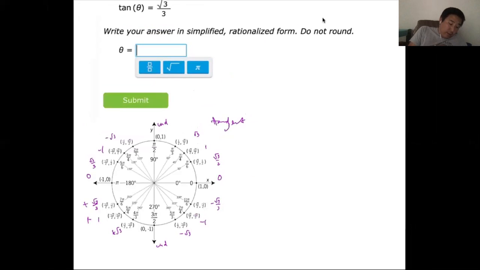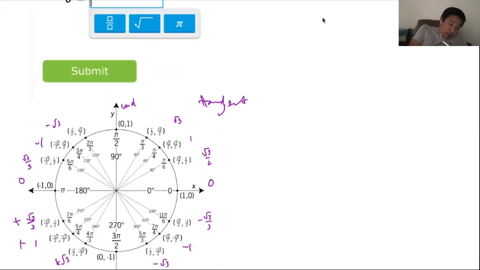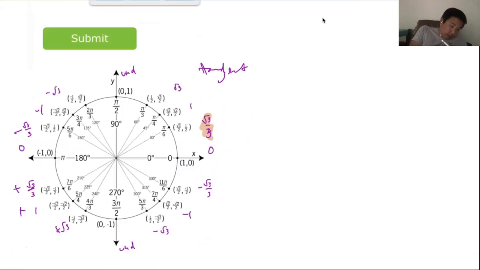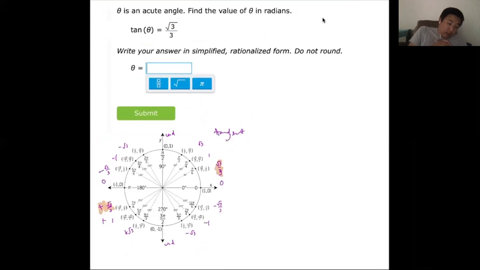So right here, we want tangent root 3 over 3. So that's either this option or this option here. But the question is, which one do we want? We want it to be an acute angle. So that's going to be pi over 6.